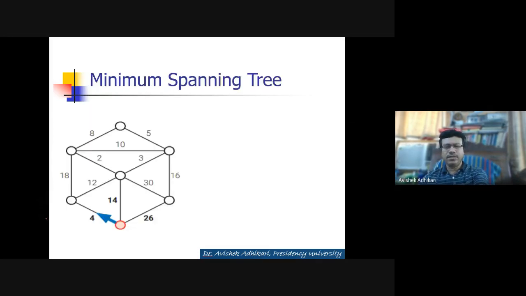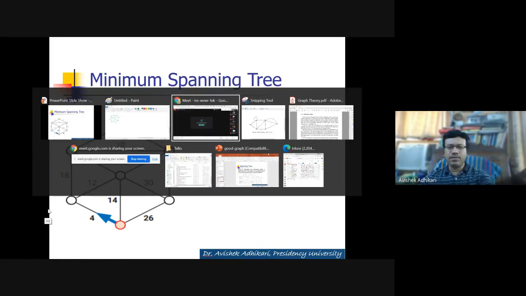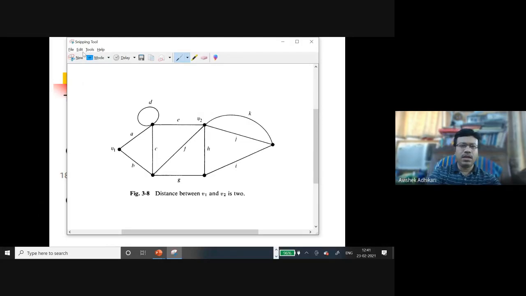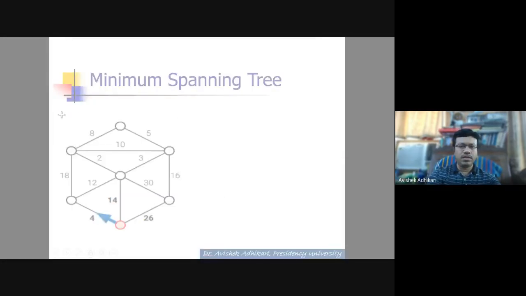So that's the spanning tree. Okay. So let us try to find the minimum spanning tree. That means I want the cost to be minimum. Okay. Can you quickly tell me? So let us try to have this image, maybe from here. Okay. Let's see.